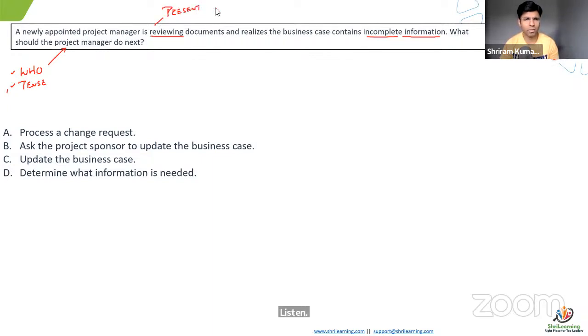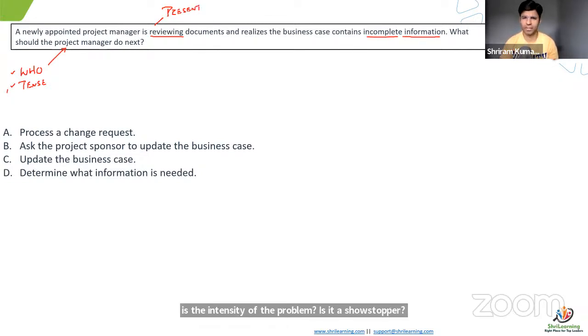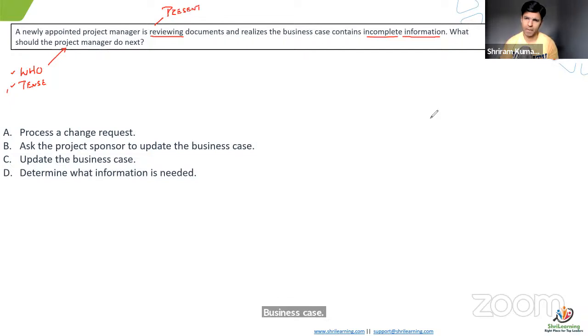What is the intensity of the problem? Is it a showstopper? What kind of intensity? Intensity means if this is not solved, will it impact? The business case is not that significant, but it is required information.